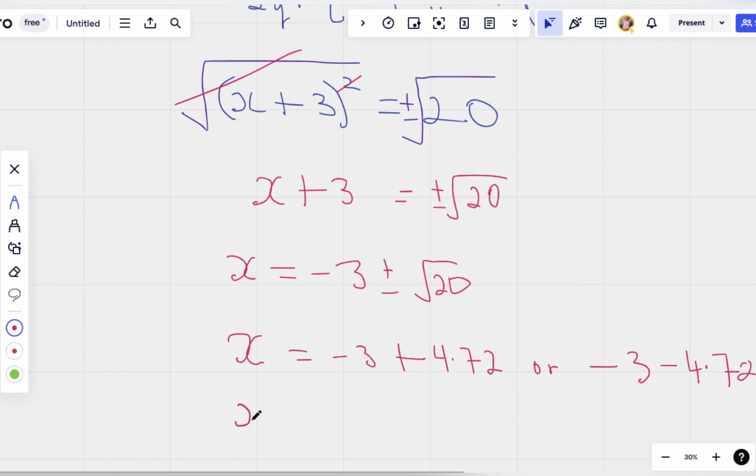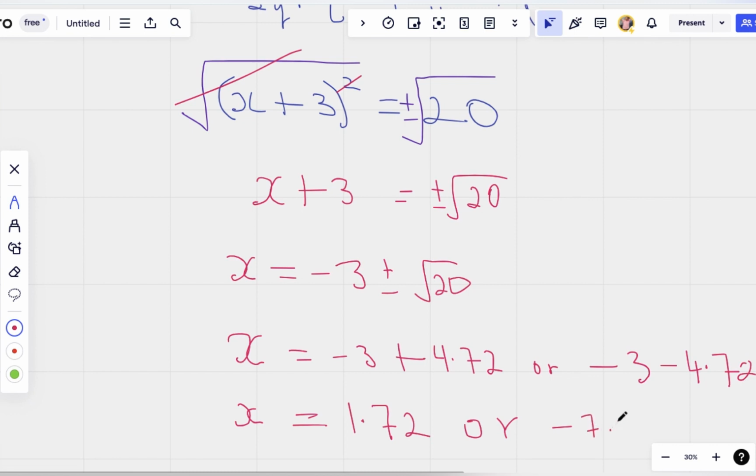So this gives us 1.72, because minus 3 plus 4.72 gives 1.72, or minus 7.72.